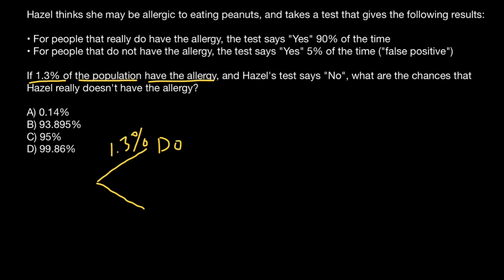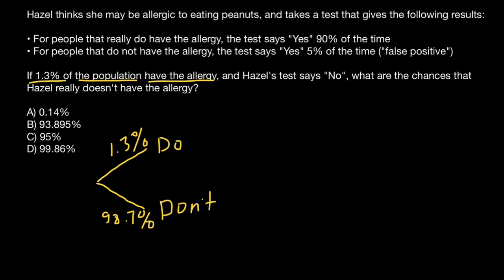This means that 98.7% of the population don't have this allergy. We are not given this number, but we should understand that if 1.3% do have this allergy in the population, then the rest of the population doesn't have this allergy, and together they make 100% of the population. So they fall into two categories.